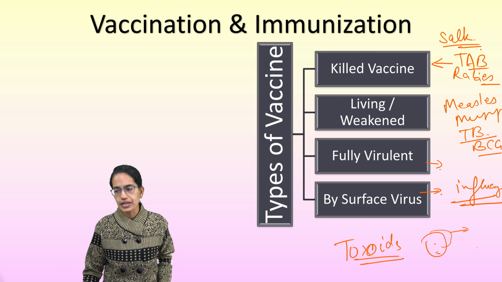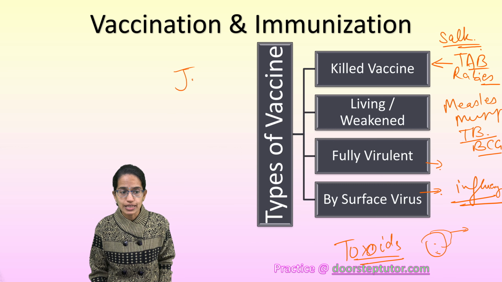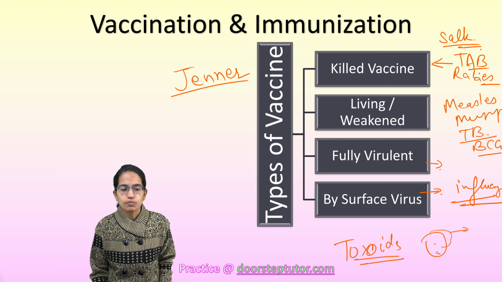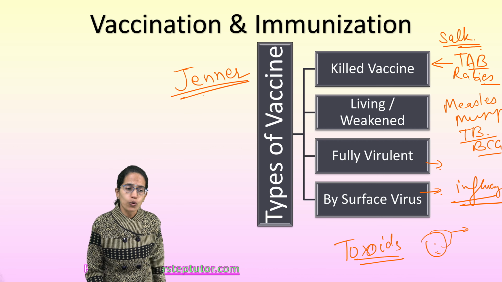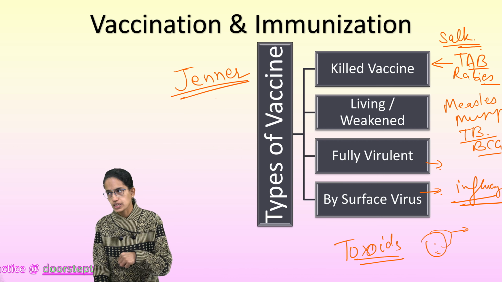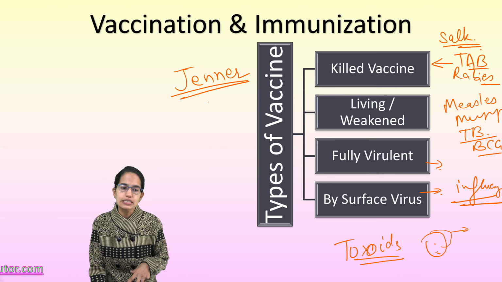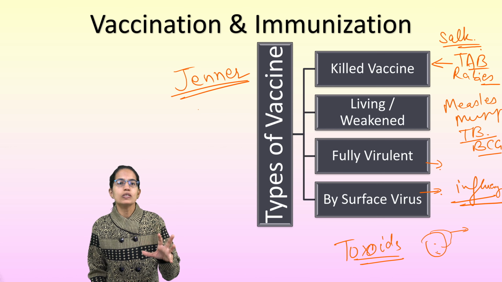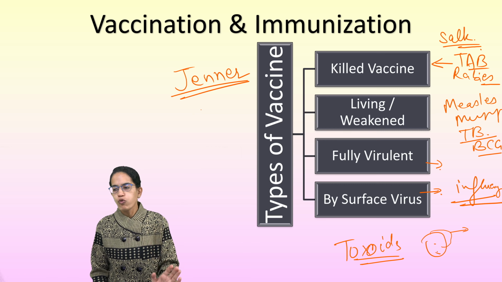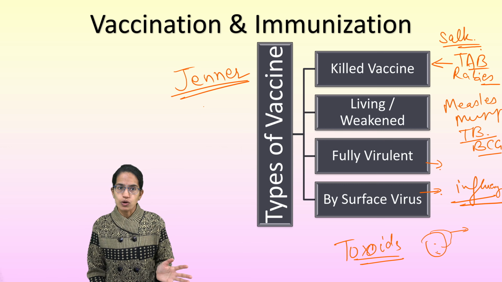Now, who discovered the vaccine is an important question. Jenner discovered the concept of vaccine. He was the one who coined the term vaccine as well as vaccination. In one of his studies, he found out that a person who was infected by cowpox was immune to smallpox.